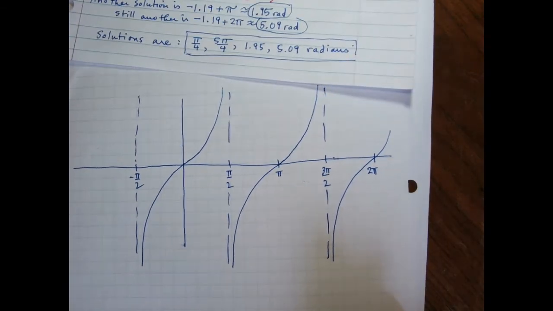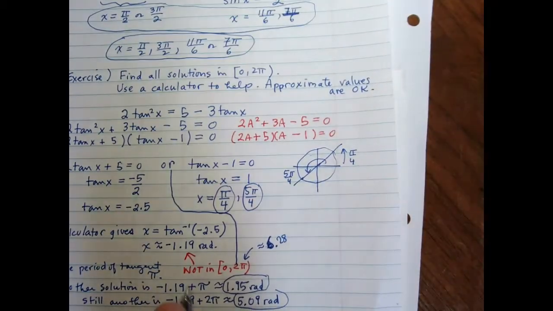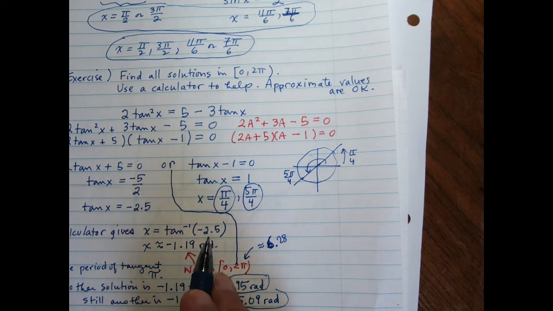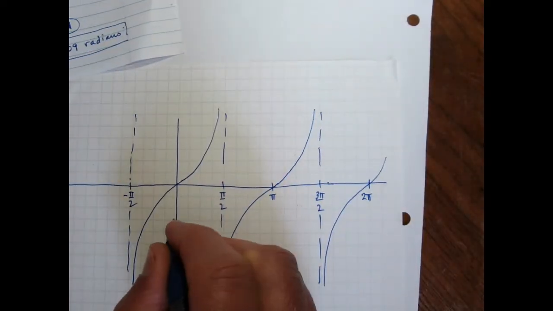And what we're looking at here, actually, I just want to talk about the calculator part of this problem. What's this business about the negative 2.5 and the negative 1.19? Negative 2.5 is a value of tangent. Negative 2.5 is a y value on this graph.